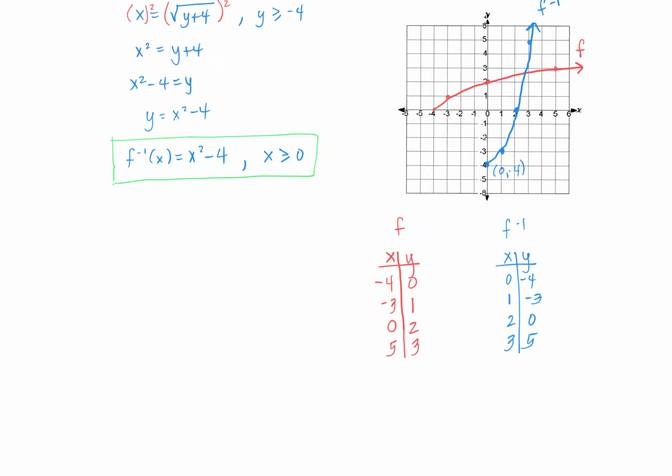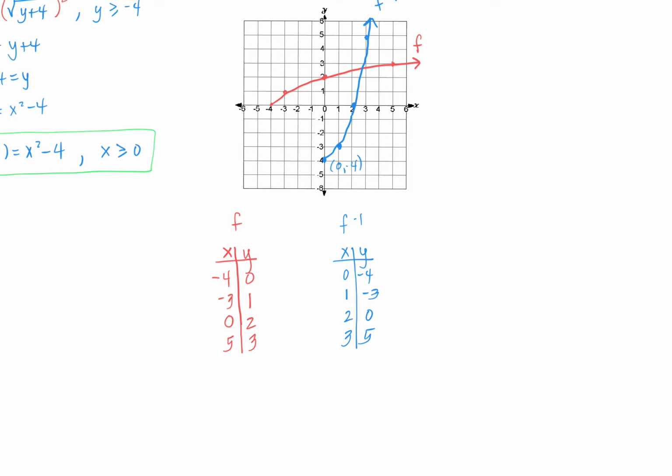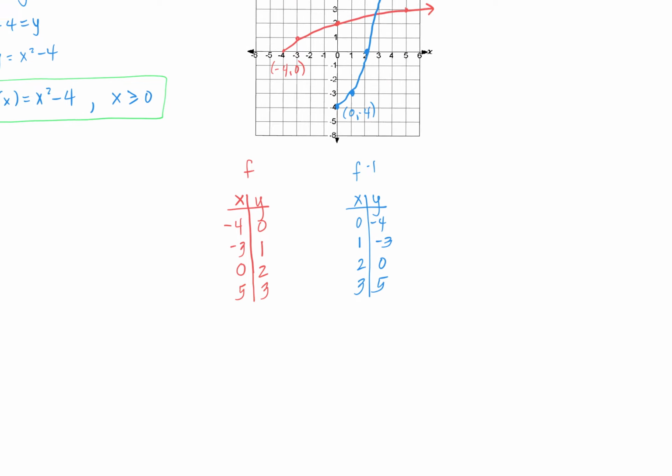So here we're putting together the graph with the function to get the correct inverse function. And this actually makes sense. Let's go back to the graph and look at f. It starts out at the point -4, 0. So the smallest x value is -4.